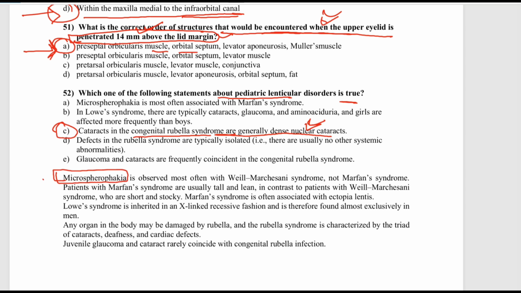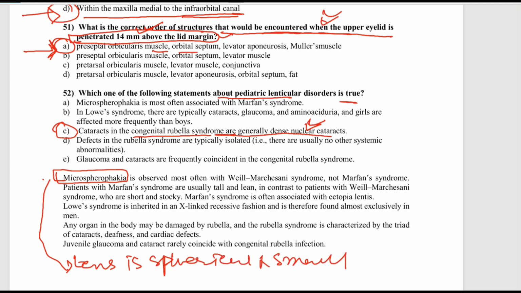Spherophakia means the lens is spherical and small, as compared to its normal biconvex shape. Normal biconvex shape.